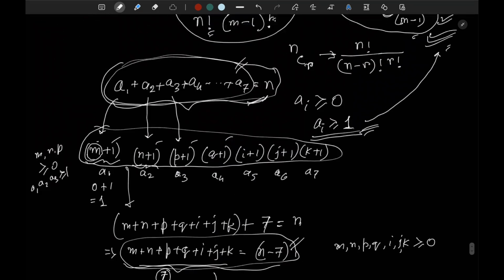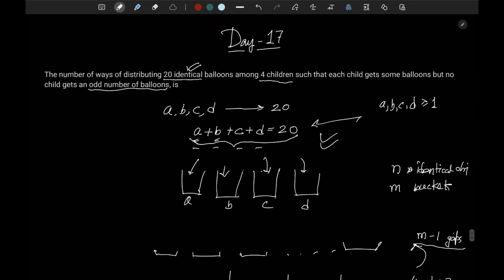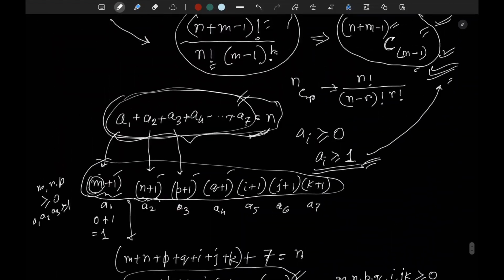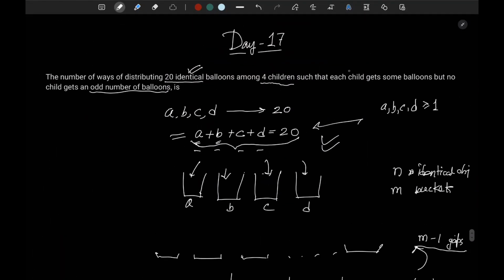What was the equation we first wrote? The equation was a plus b plus c plus d equal to 20. Now let's look at the conditions mentioned in the question. They have mentioned that each child gets some balloons, but no child gets an odd number of balloons.